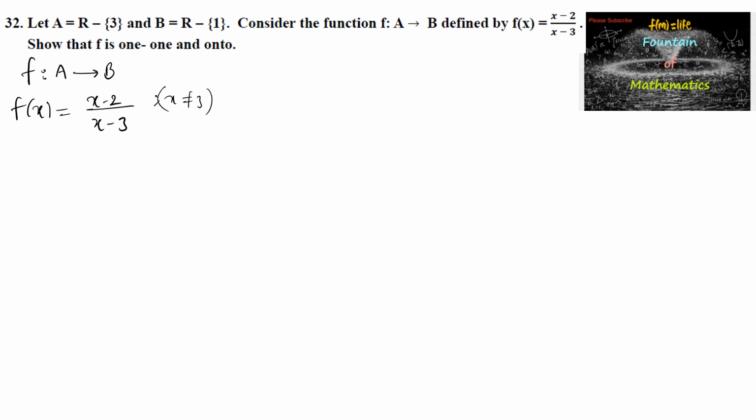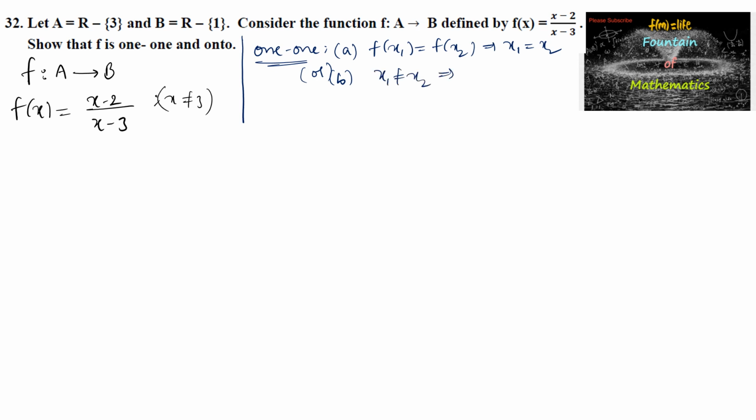For 1 to 1, let me write the definition here. We have two ways to prove it. F of x1 is equal to f of x2 implies x1 is equal to x2. This is how we can prove it. Or else another definition, for x1 not equal to x2 implies f of x1 is not equal to f of x2.